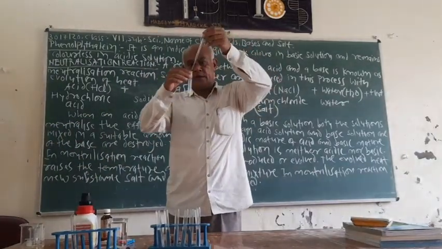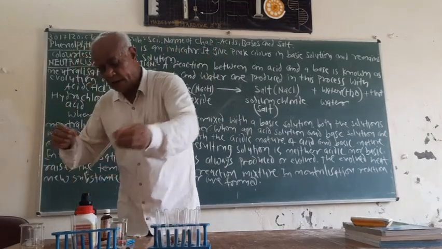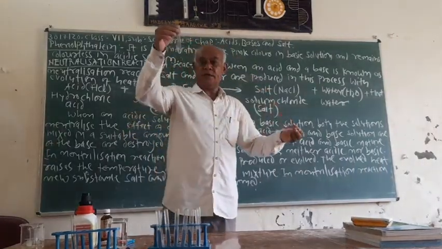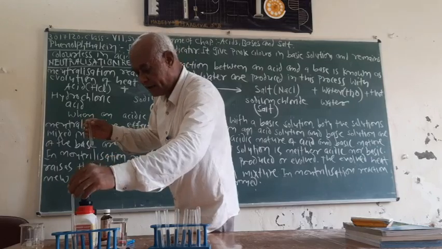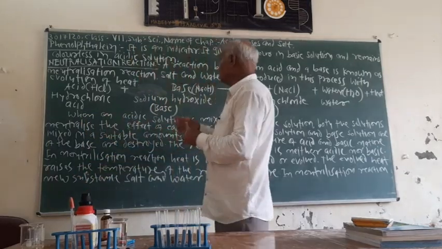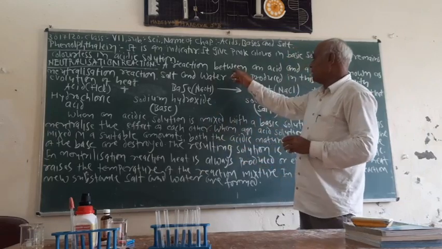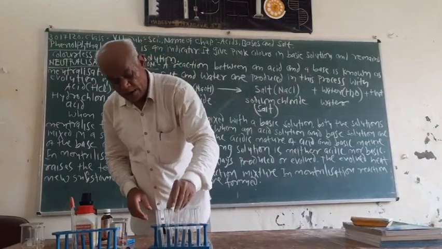You saw that there is no change in the color of hydrochloric acid. So it means that in acidic solution, phenolphthalein indicator remains unchanged.